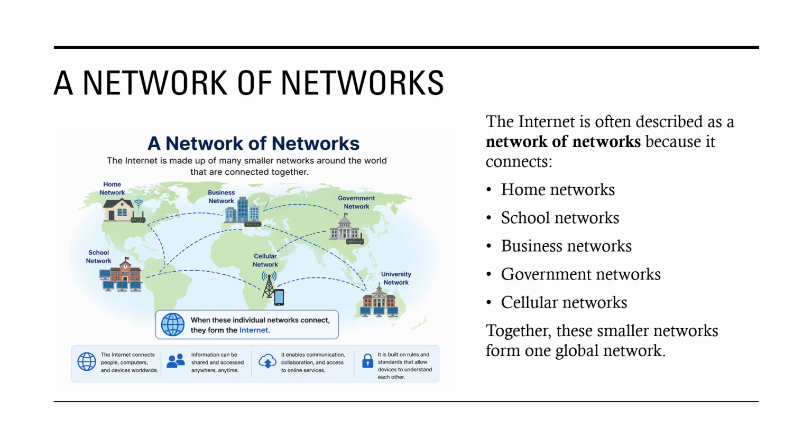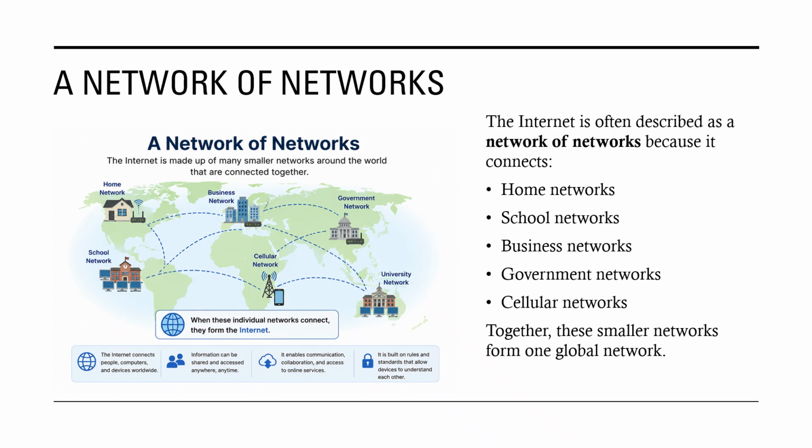The internet is often called a network of networks because it connects millions of smaller networks around the world. Your home Wi-Fi, your school's network, your workplace, your cell provider, and even government networks all operate independently. The internet allows these separate networks to communicate with one another, making it possible for information to travel across cities, countries, and even continents.